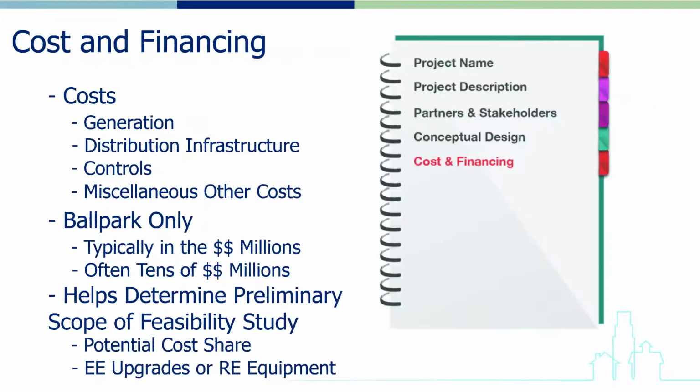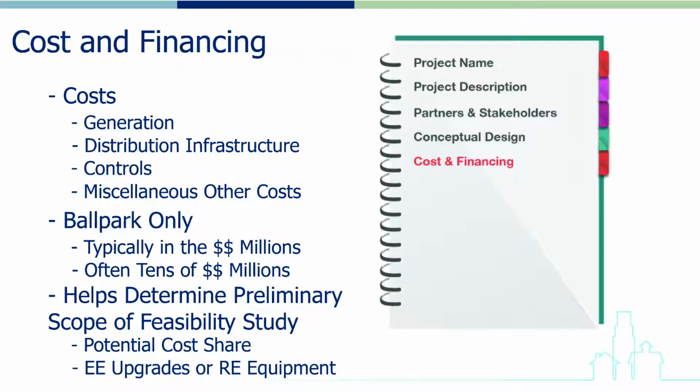In this section of the plan, a general description of the potential cost of the microgrid, including not only generation, but the infrastructure, controls, and other aspects of the project, should be generated. This only needs to be a ballpark estimate, and it should be noted that multi-user community microgrids typically cost in the many millions of dollars and can easily reach the tens of millions of dollars.